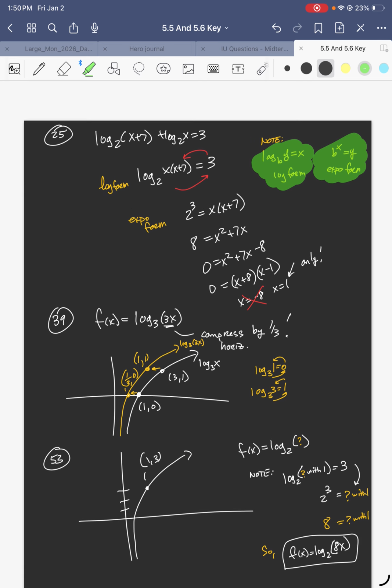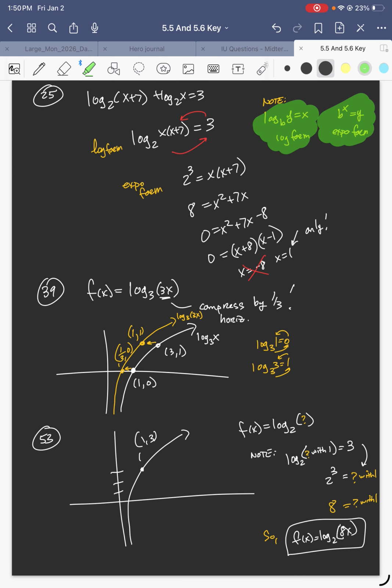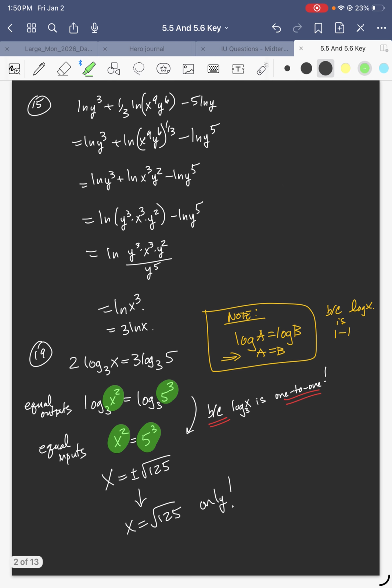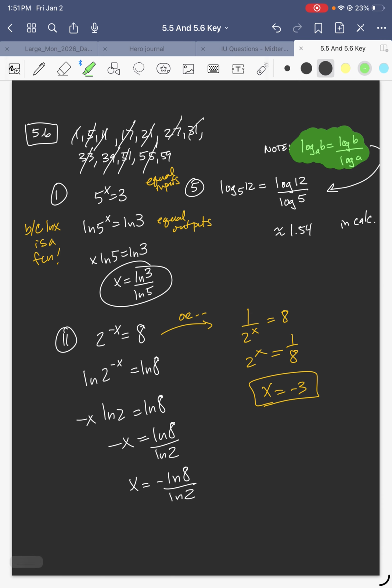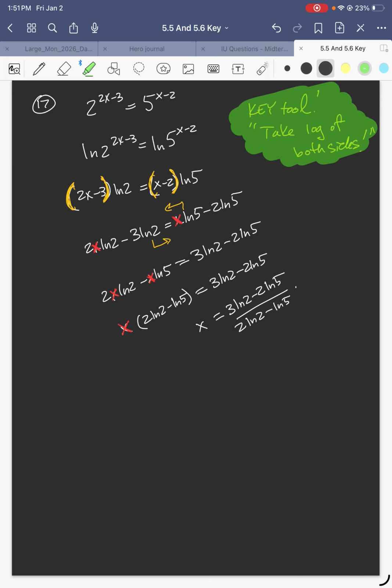So anytime you're solving a log equation, you should think, okay, here are my three tools. Either this, or taking the log of both sides. Maybe I stop and do that really quick.